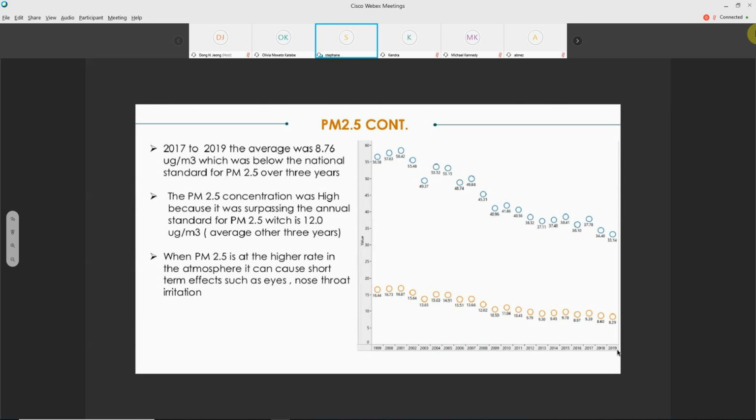In the previous years, the quality of air in DC was very bad. But starting, I think, in 2006, according to the EPA, the air quality started getting better because they put in place many regulations, many laws.